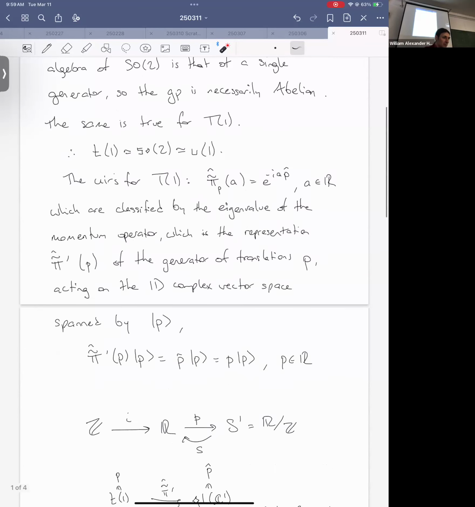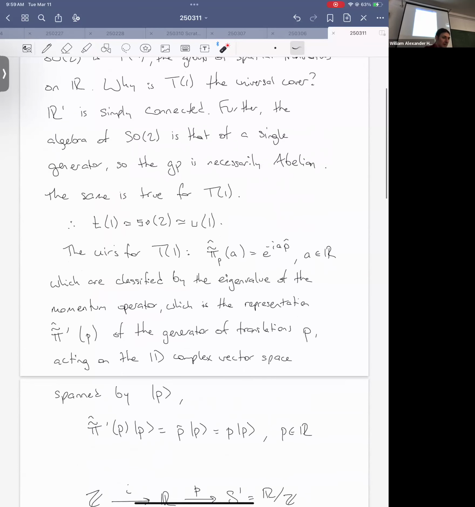And the representations we argued are classified by the eigenvalue of the momentum operator. So it's a little bit weird in my mind, a little bit difficult in terms of what you're used to, because this p takes on real values.